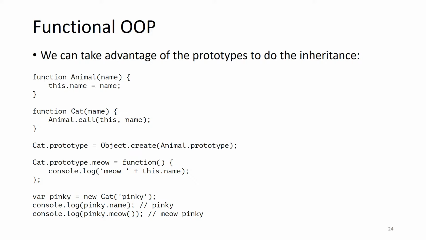And if you do not like this syntax, I have good news for you. In ES6, we actually can use classes. But they simply do this thing, creating a lot of functions and prototypes and so on. It's useful to understand how it works because it allows you to write your own inheritance chains.